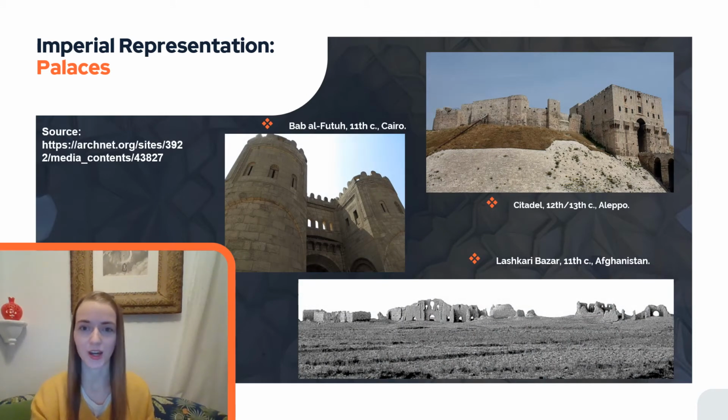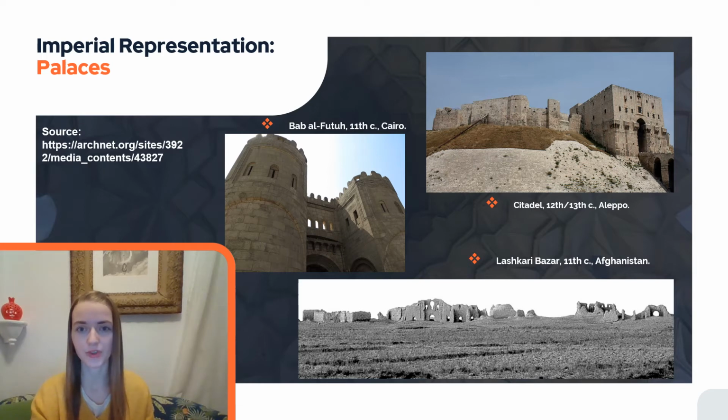Now we jump to Cairo and the following dynasty of the Fatimids. We have again a militaristic facade here to the left, for example the Bab al-Futuh, or Gate of Victories from 1087. It was one of the many gates in the palace city wall. Later, Seljuk palaces also survive, for example Lashkari Bazar in Afghanistan, here at the bottom.